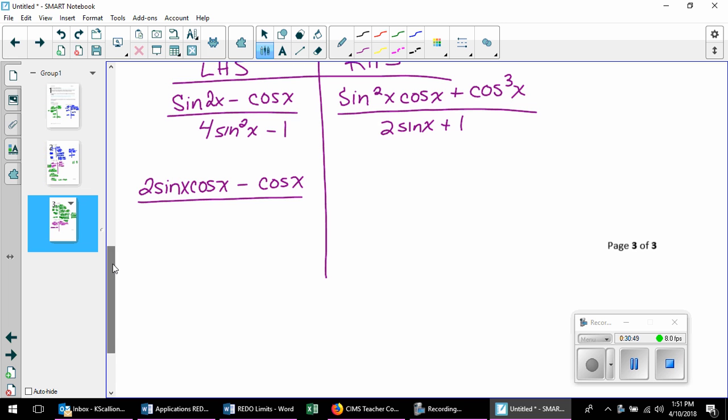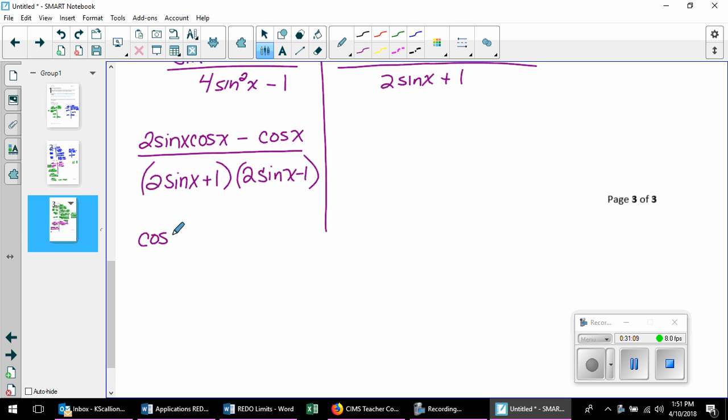So those are things that I've got a lot of practice doing, but some of you may not see those things leap off the page yet. But like I said, the only way you're going to get better at this is if you actually do them. I'm looking at this, and what I'm going to take out is a cosec. I'm going to common factor a cosec.